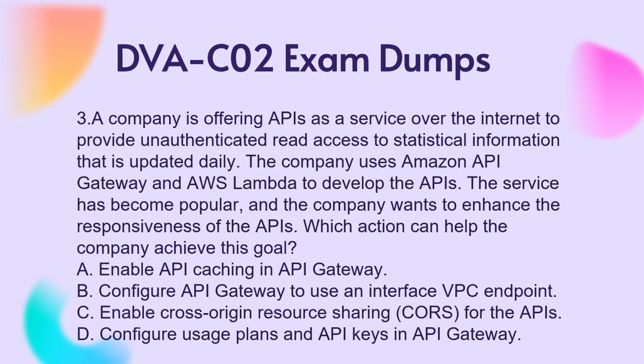A. Enable API caching in API Gateway. B. Configure API Gateway to use an interface VPC endpoint. C. Enable cross-origin resource sharing (CORS) for the APIs. D. Configure usage plans and API keys in API Gateway.